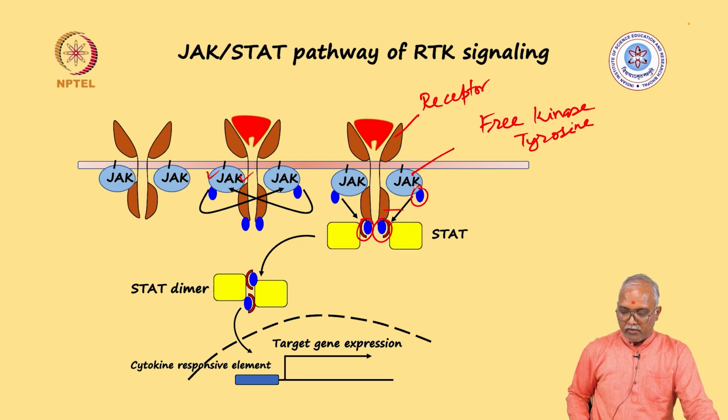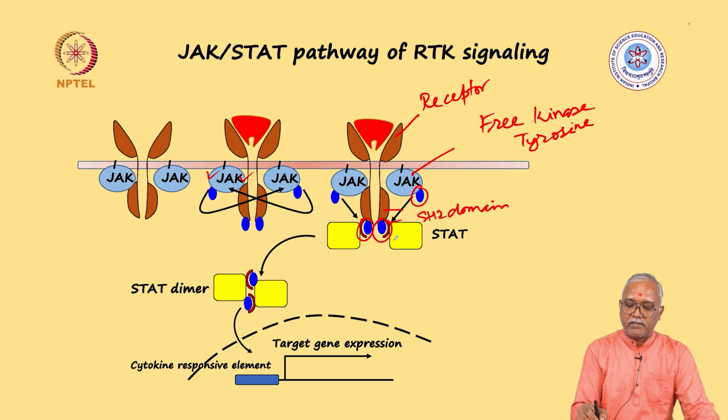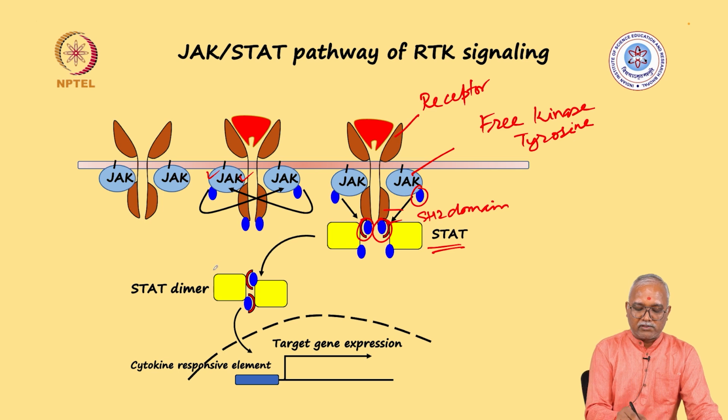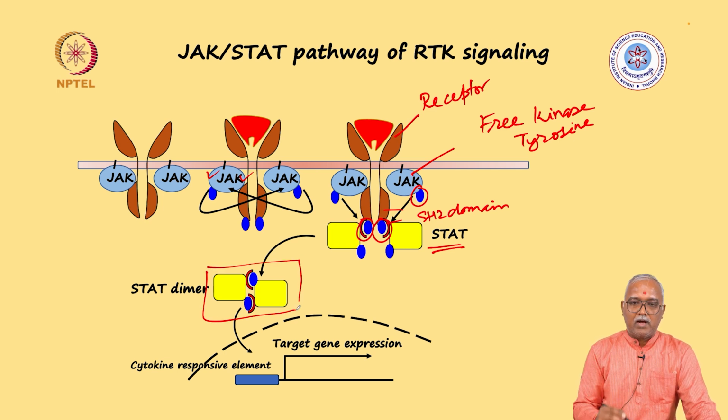This phosphate moiety will be recognized by the STAT molecule through its SH2 domain, and this brings the SH2 domain containing STAT molecule in proximity of the JAK kinase, which now ends up phosphorylating the STAT like molecule. And this phosphorylation on STAT decreases the affinity of the SH2 domain with the phosphotyrosine on the receptor. What happens? There is a reorganization and the STAT forms a dimer, and this dimeric STAT goes inside the nucleus.